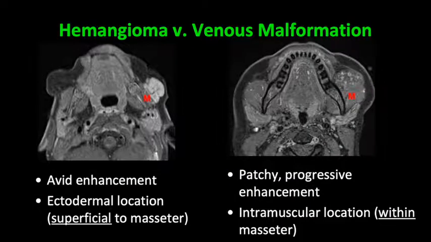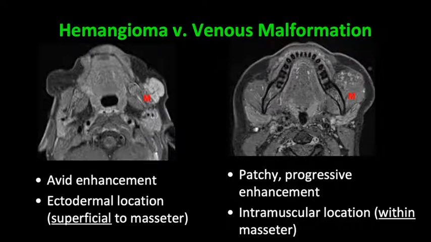Another couple of lesions, just to highlight a few additional points. Avid contrast enhancement is common with hemangiomas, and these typically occur in superficial locations much more commonly than in deep locations.